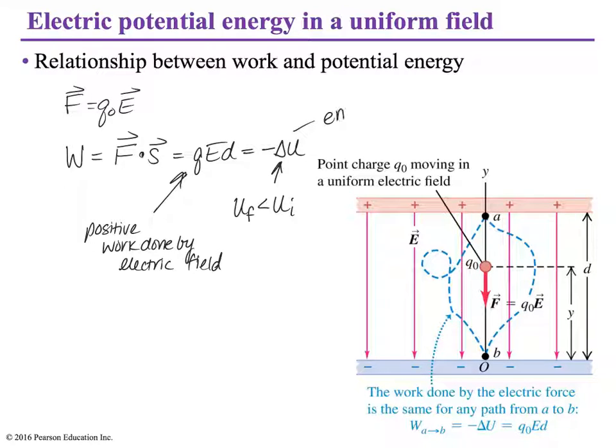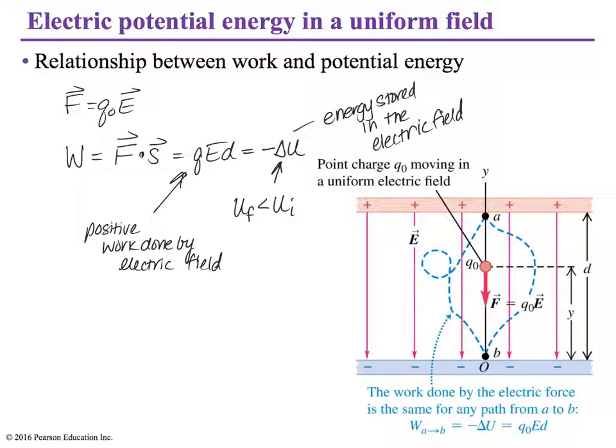And remember, the potential energy is the energy that was stored in the electric field. So that kind of helps us think about what's going on. So we see that as positive work is done, we go into a decreasing amount of stored energy.